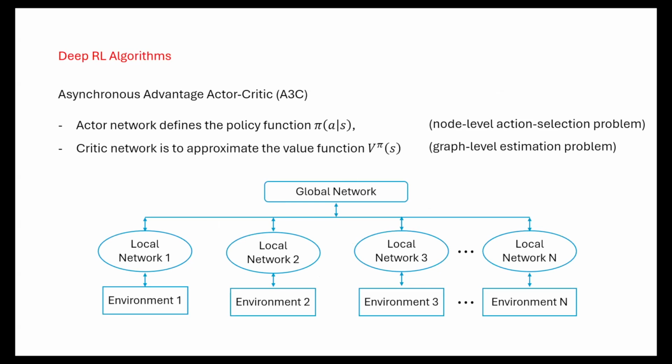Among various deep RL algorithms in the literature, we are trying the asynchronous advantage actor critic, shortly called the A3C algorithm. It has a global network, a global agent, and several local agents. The local agents interact with their own environments and update themselves, and then they update the global network asynchronously.